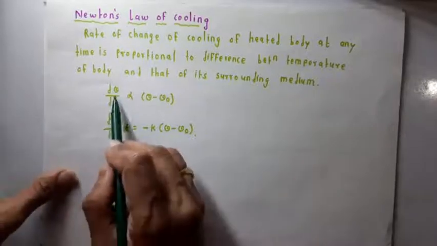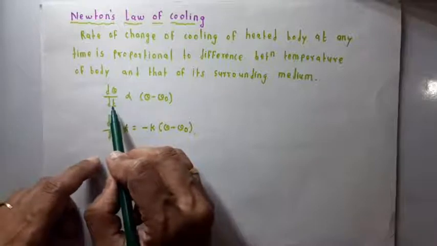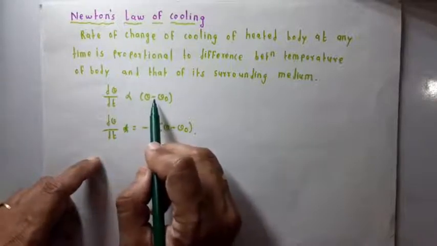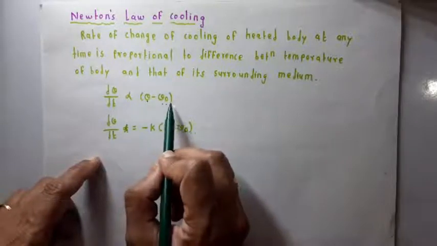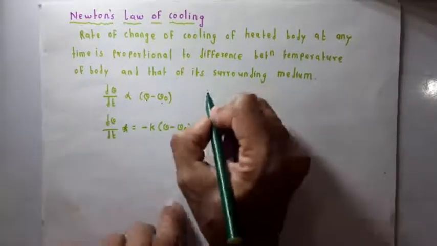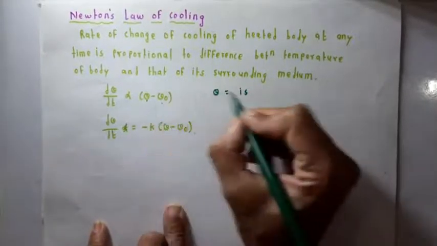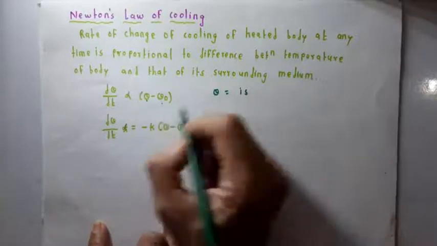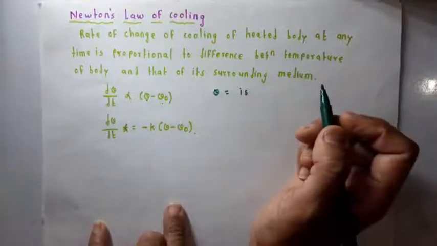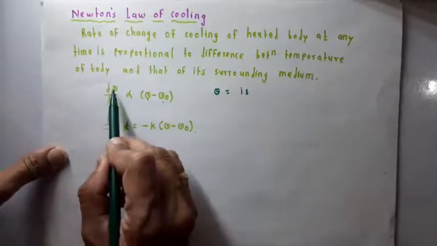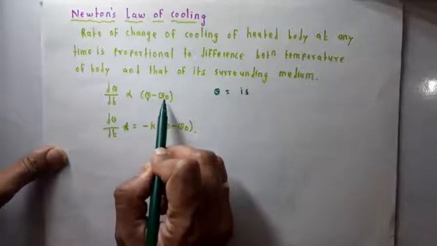Okay, means the rate of change of cooling of a heated body is directly proportional to the difference between the temperature of the body and the surrounding temperature, where theta is the actual temperature of the body, and theta 0 is the surrounding temperature. Okay, and therefore d theta by dt is directly proportional to theta minus theta 0.